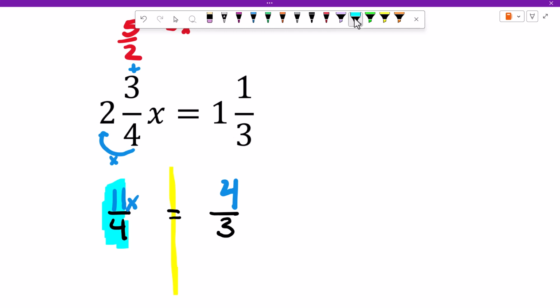So to do that, we are going to set up a fraction. If we want to get rid of that 4 that's in the denominator, do we need to put a 4 at the bottom here or 4 on the top? Where does the 4 need to go?